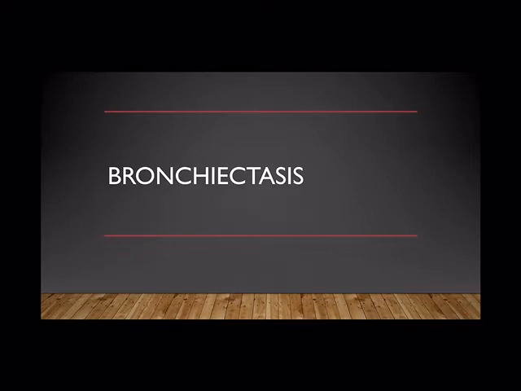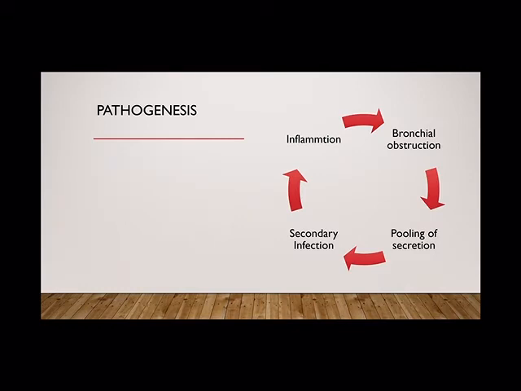Next, getting on to the other obstructive diseases. Bronchiectasis is one in which, when we do a PFT, it will have an obstructive pattern. So as such, what is bronchiectasis? Bronchiectasis is actually irreversible dilatation of your bronchi.